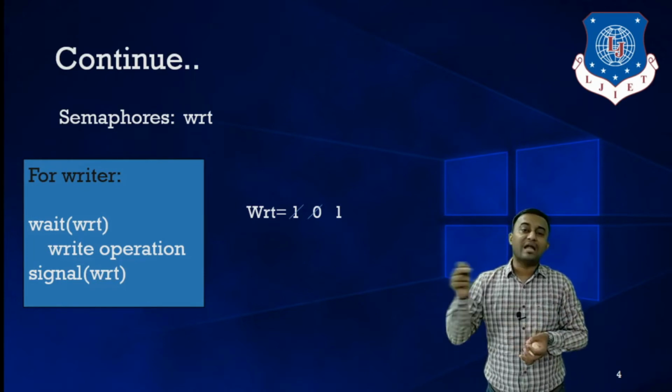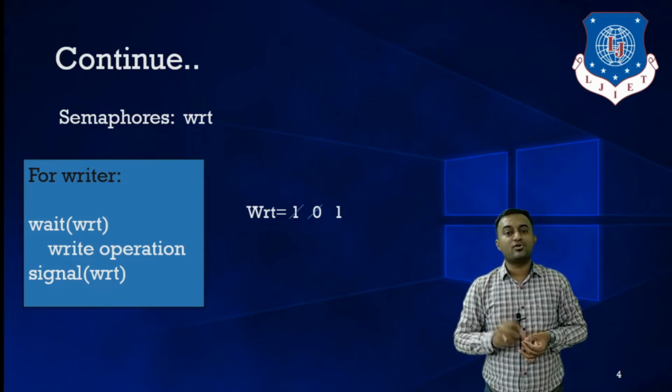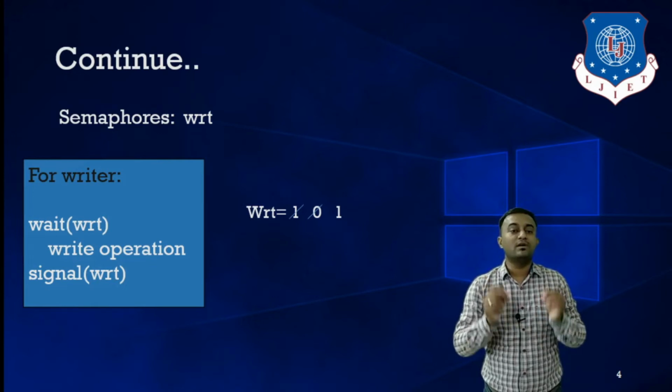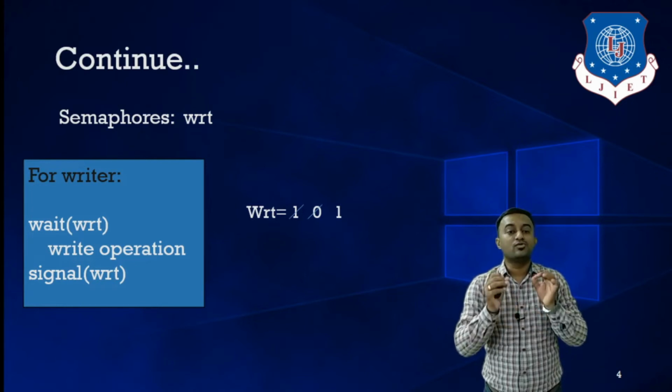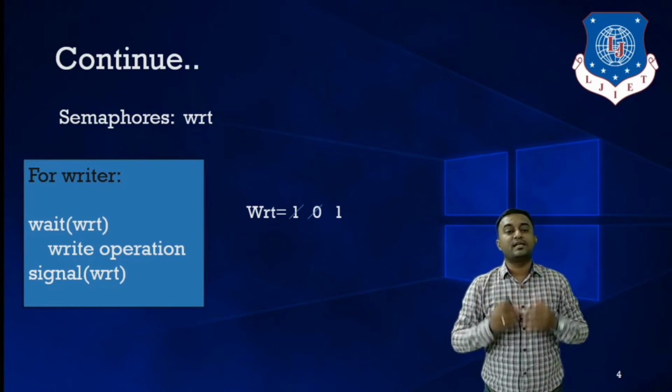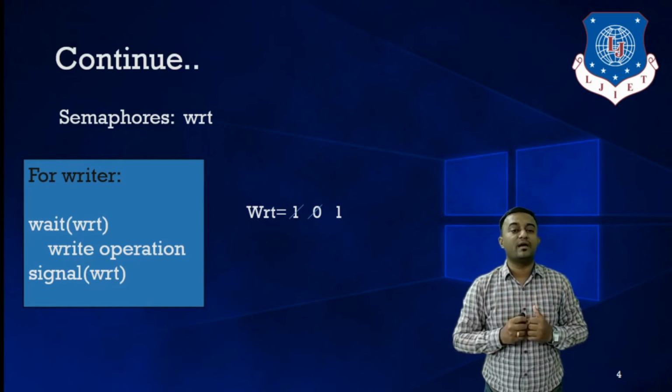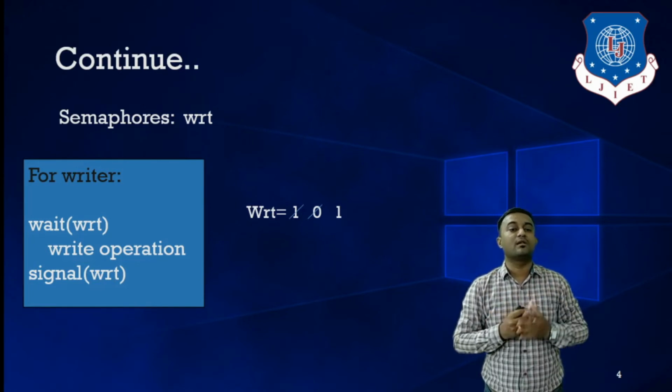So no other writer process, or no other reader process, can enter into the critical section, because one write process is already using it. Once it is done, it will come out of the critical section and execute the signal operation.